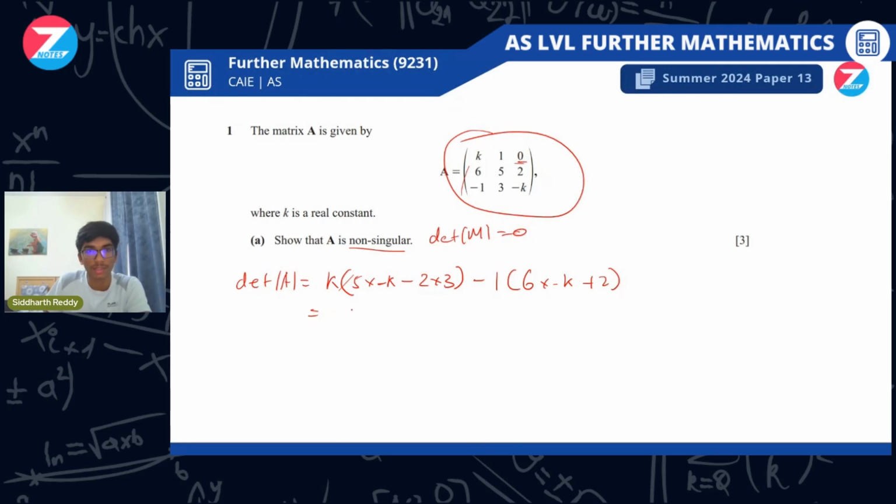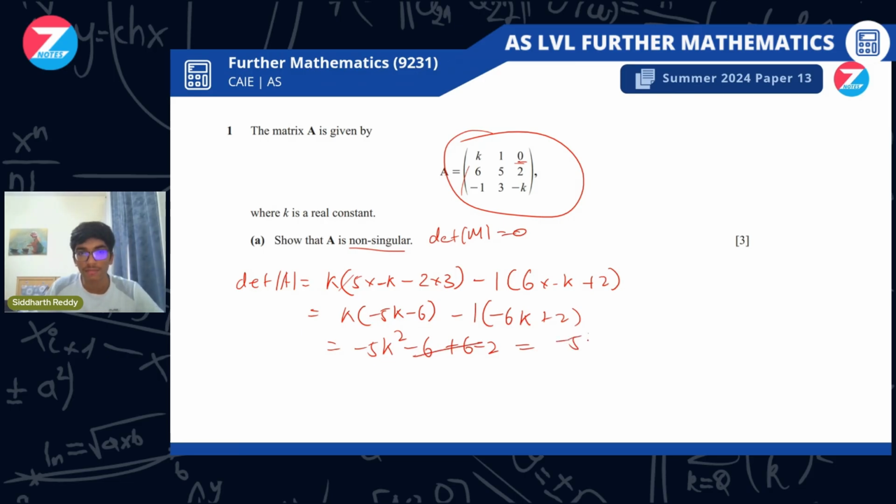So this will be K times (minus 5K minus 6) minus 1 times (minus 6K plus 2). So this will be equal to minus 5K squared minus 6 plus 6 minus 2. The minus 6 and plus 6 cancel. So we get minus 5K squared minus 2. This is the determinant of the matrix.